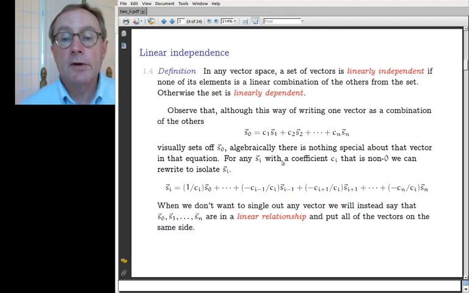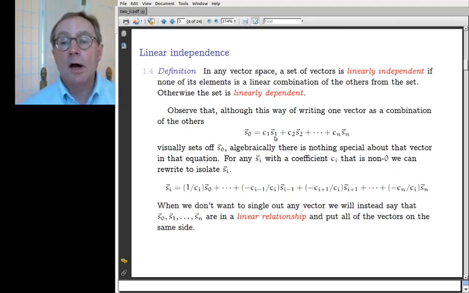And basically here, if you have a combination on the right-hand side of all these vectors, these Si's, you can, if you want to, move one over to the left and get it isolated, or you can think of it as all being on the same side and 0 on the other side.